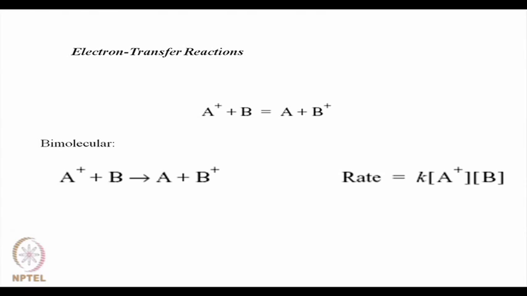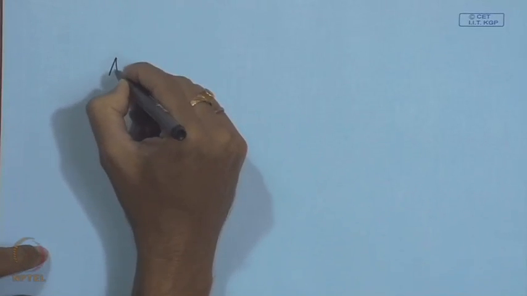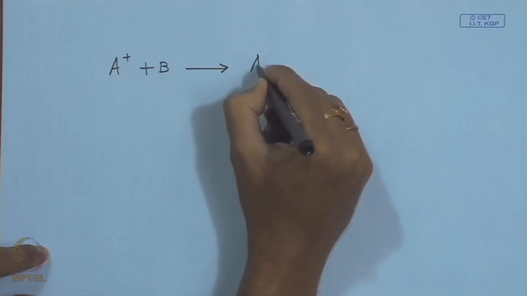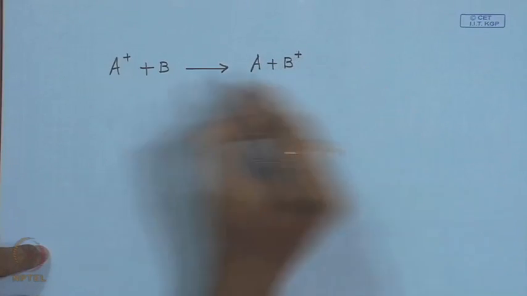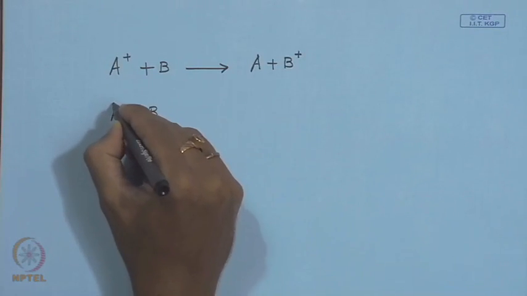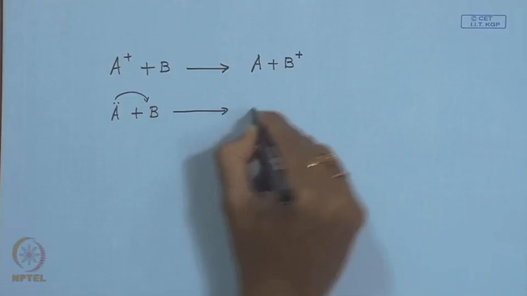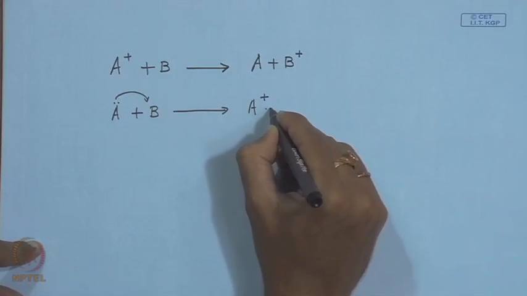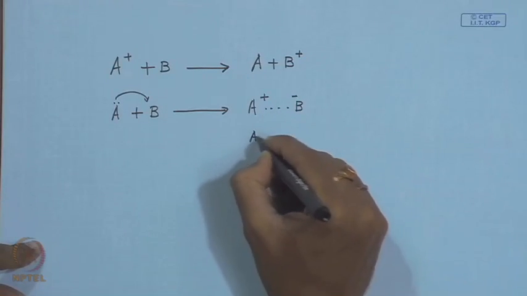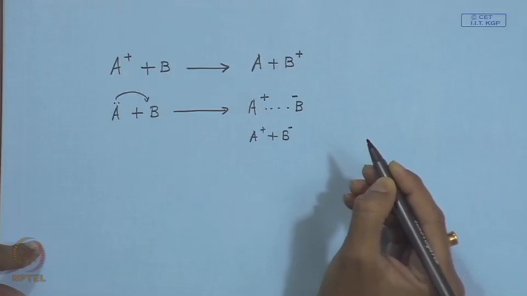A typical scheme for electron transfer is like this: A plus, that is a plus charge, plus B, giving rise to A plus B plus, or maybe say an electron is transferred from here to here, giving rise to A plus plus B minus.